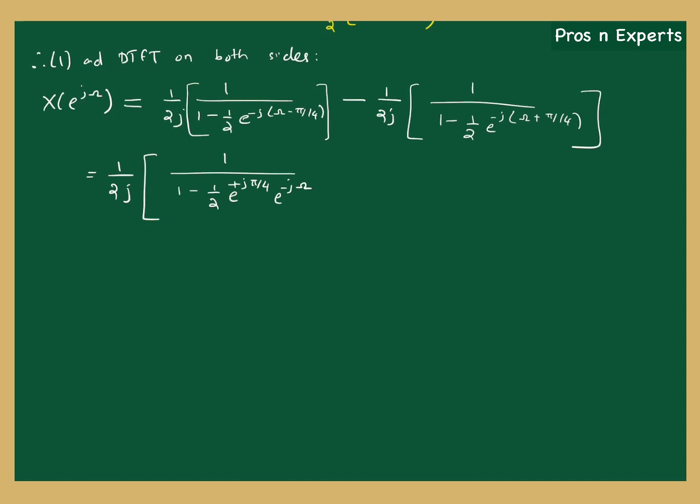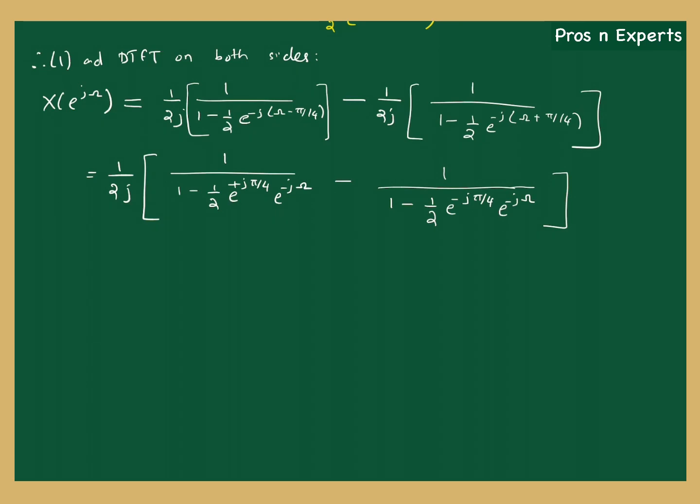Okay, e raised to plus j pi by 4 into e raised to minus j omega, correct. And minus of, 1 by 2j is already taken out, so 1 by 1 minus half e raised to minus j pi by 4 into e raised to minus j omega.